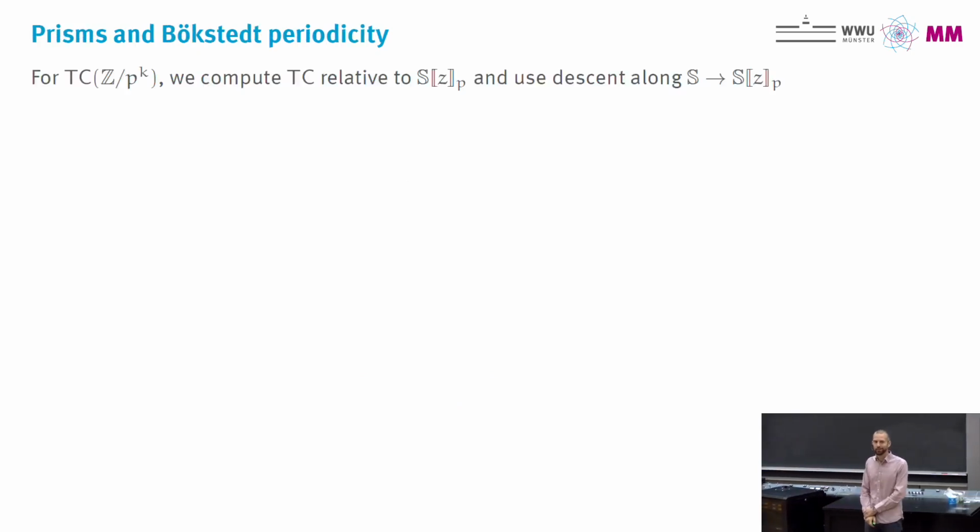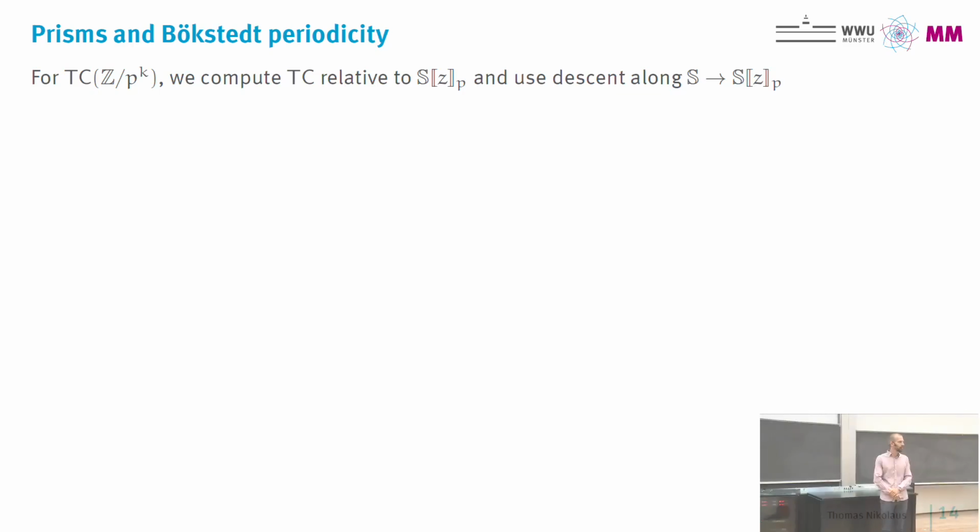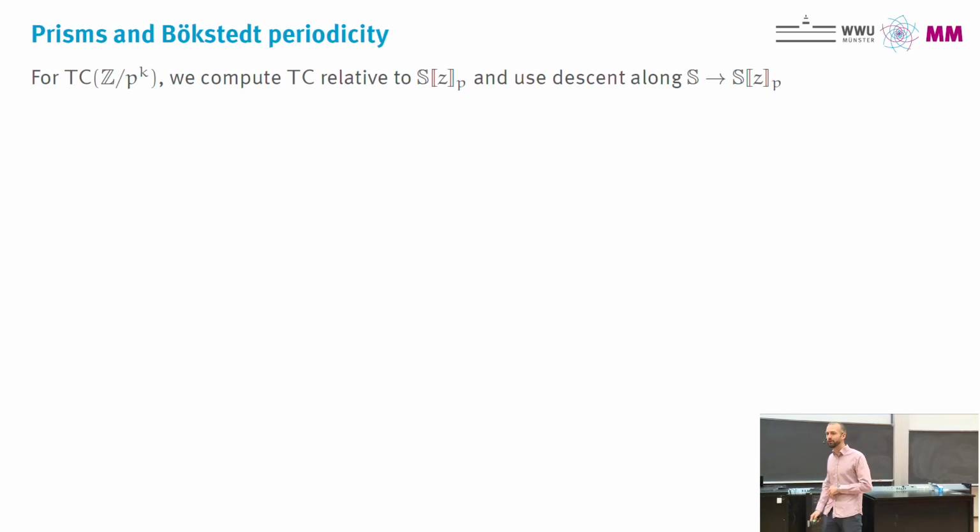Okay, anyways, let me be a little bit more honest and give you some details. Because of course, you need some additional ideas to actually do it. So on my very last slide, let me give you some of those ideas. If you actually want to calculate TC of Z mod p^k, as I said, you want to understand THH with Frobenius actions, and you want to take advantage of that.